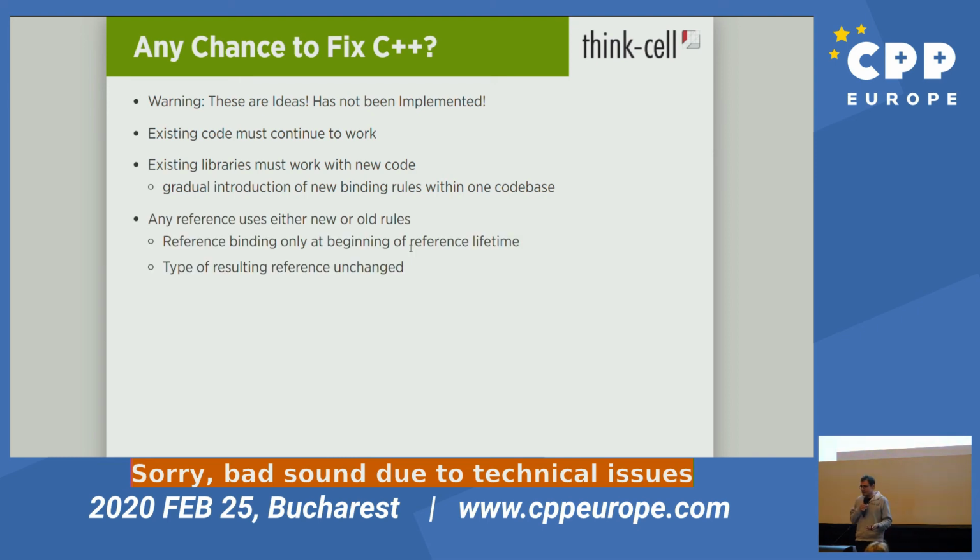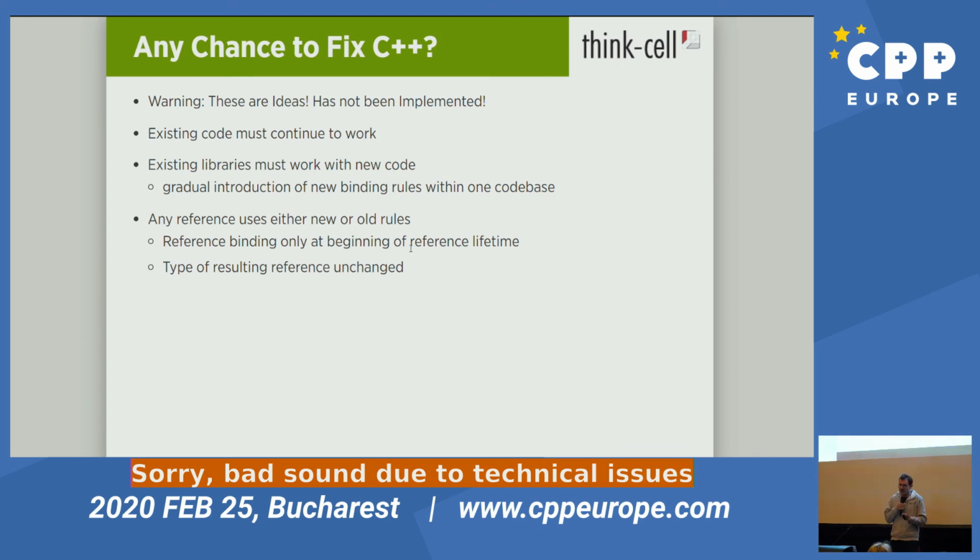The rules of the game are going to be that any reference you declare either has the old binding behavior or the new binding behavior. This is not quite so obscure as it may sound, because binding of a reference only happens at the beginning of its lifetime. You cannot change what a reference binds to. It's binding, and that's forever. And once it's bound, the type is going to be the same as before. So once you're using just the reference, it's fine.